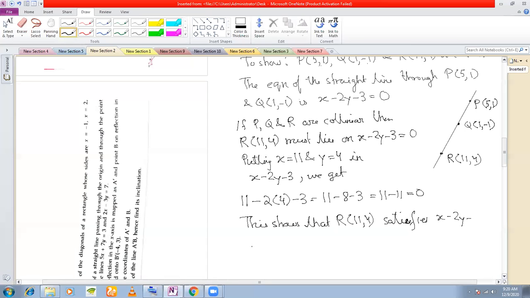That is, R lies on x minus 2y minus 3 equal to 0. Hence, P, Q, and R are collinear. That's it. Any questions on this problem? Collinearity. Very important question. Collinearity.